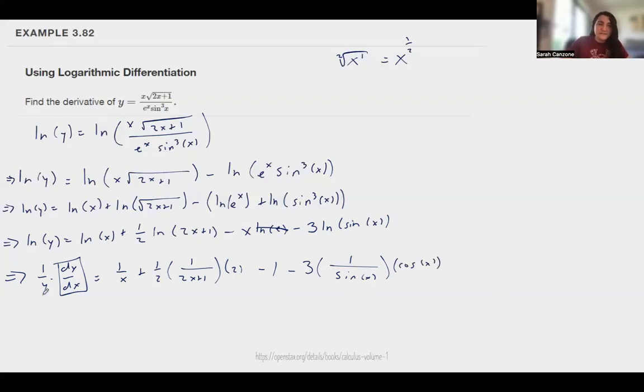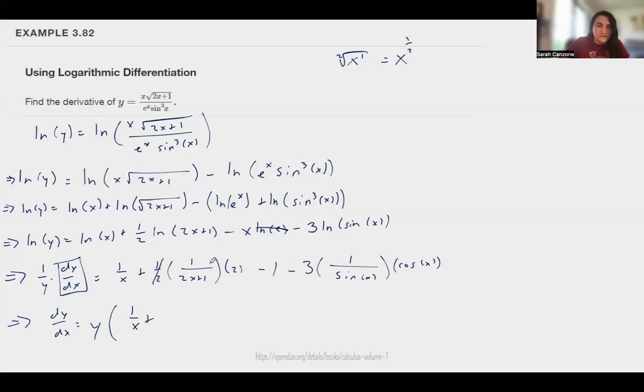All right, the last step is just going to be multiplying y to the other side. And then after that, we'll substitute in what our y function was. So this implies that dy dx equals y times 1 over x plus 2 times 1/2 is just 1.